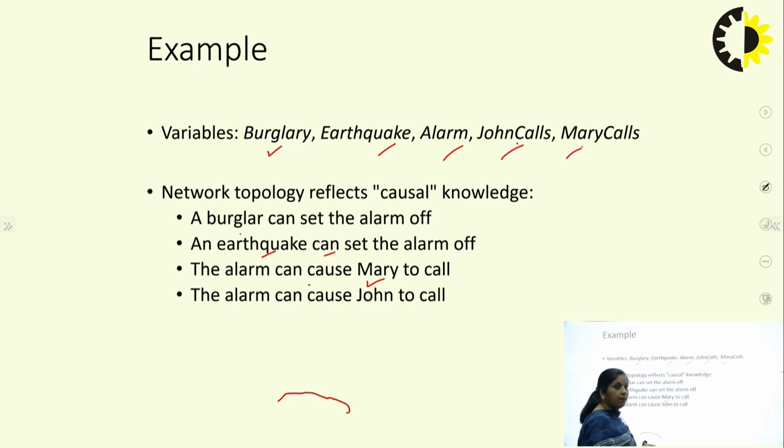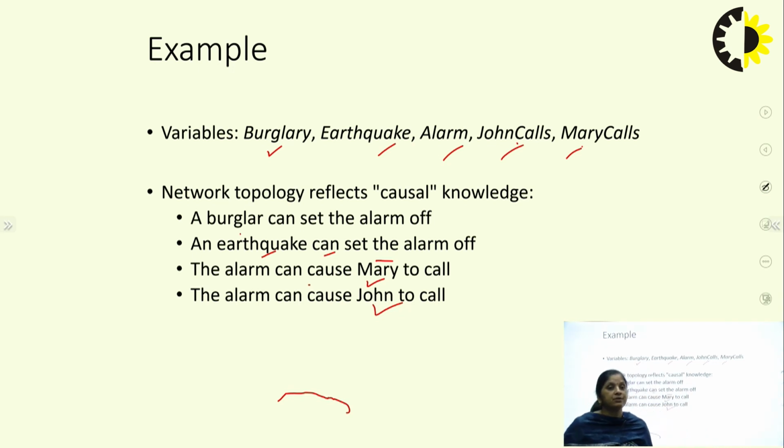Now what else is there? There is a gap also. What is the gap? John may get confused with the ring of a phone and may tell that the alarm has blown when actually it is not there. It was a telephone ring. And sometimes Mary misses the alarm. What does it mean? We have taken the assumption that if the alarm is there, then Mary will tell or may miss.